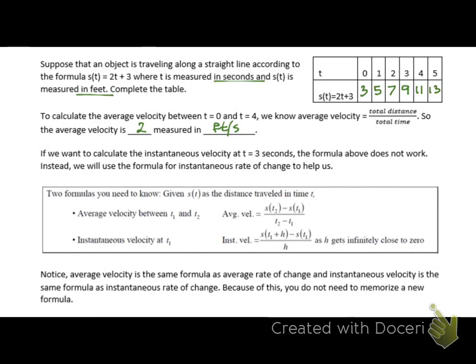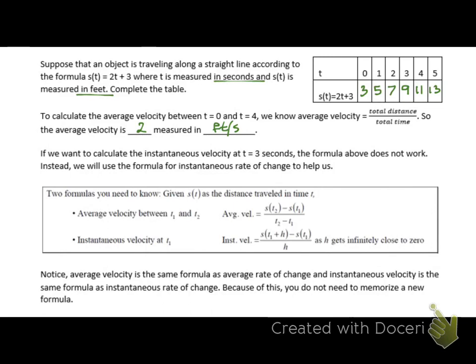You can't find the velocity using total distance over total time because that total time would go towards 0. We want the instantaneous rate of change, which is not an average rate of change over time. It's the rate of change at a particular moment in time.